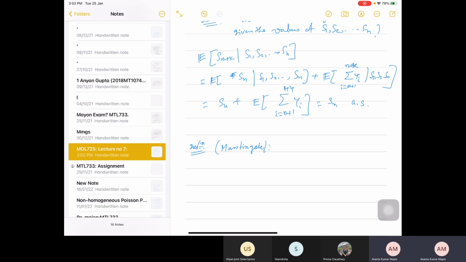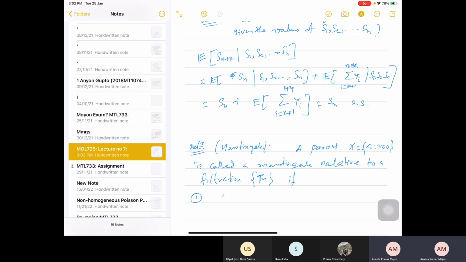What it says is that a process X, maybe a vector or whatever, Xn such that n greater or equal to 0, is called a martingale relative to a filtration, say Fn, if the following holds.